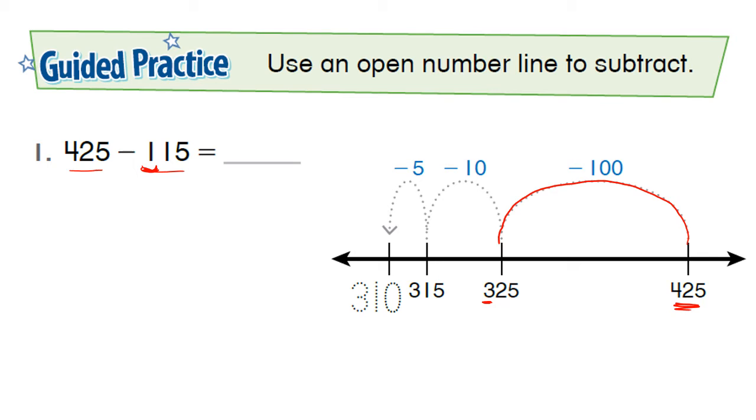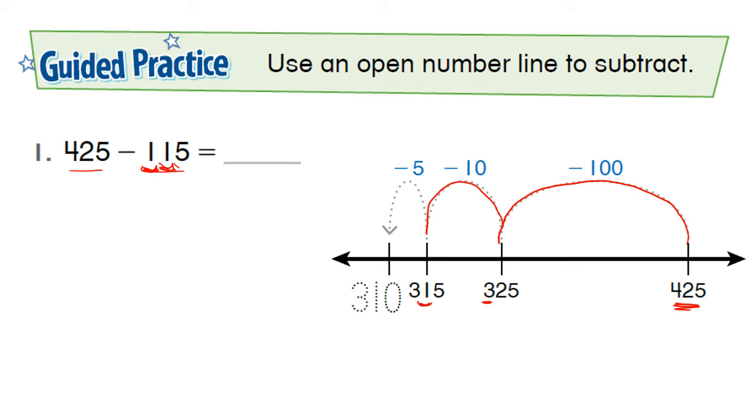Now we're going to subtract the tens place, and there's a 1 in the tens place in 115, so we're going to subtract 10. So 325 minus 10 is 315, and we're subtracting the tens place value. Notice that the tens place value is the place value that changes.